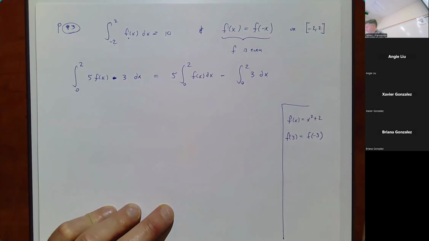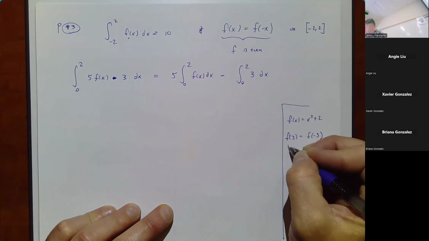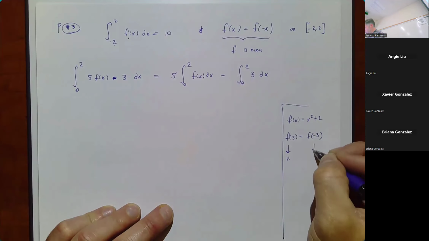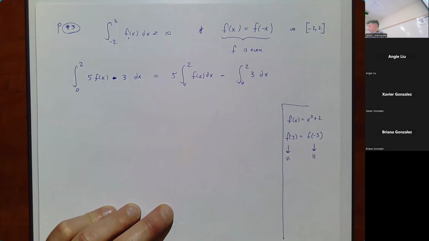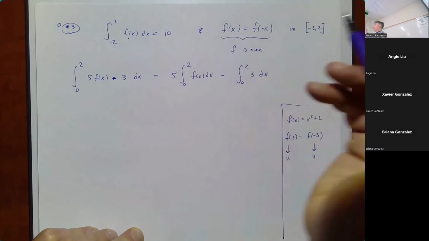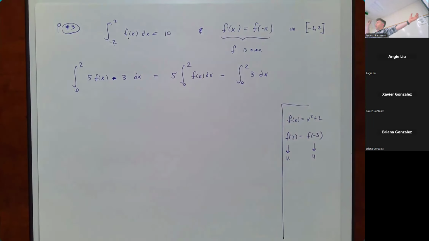And it does. f of 3 is 9 plus 2. f of -3 is also 9 plus 2. So this really does mean whether you plug in the corresponding positive number or the corresponding negative number, the output gives the same value, whether you're to the left of the y-axis or to the right of the y-axis.